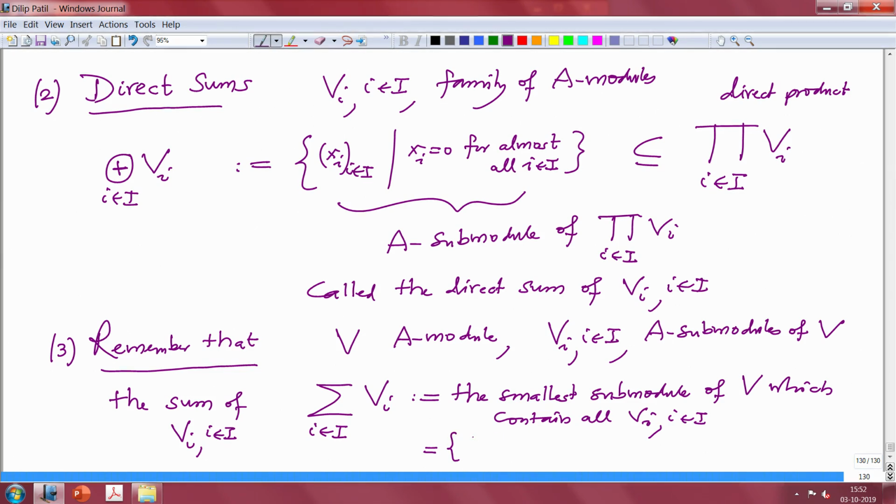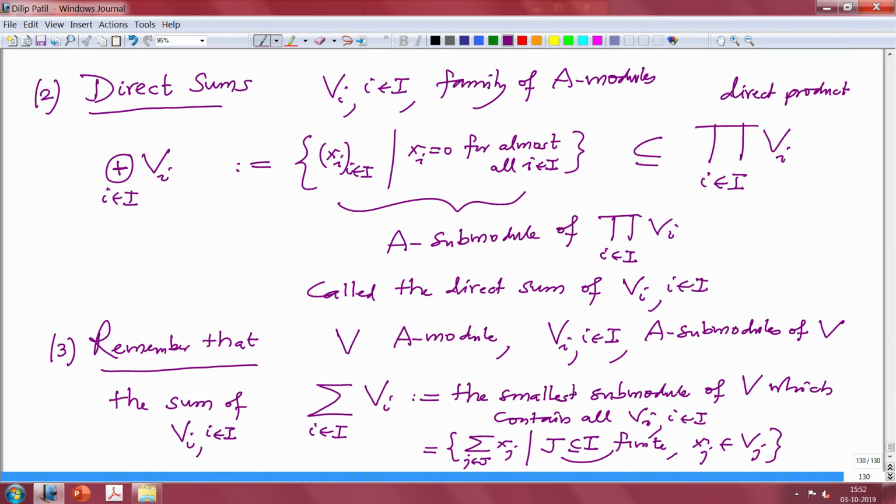These are all finite sums, that is summation of xj, j in J, where J varies over finite subsets of I. This is finite, and the xj's are in Vj's. So, it is sometimes practical to know what that module is.